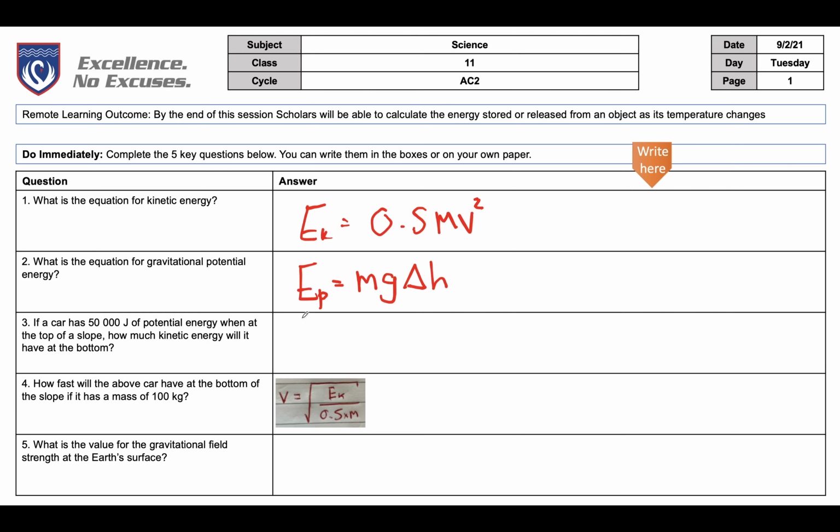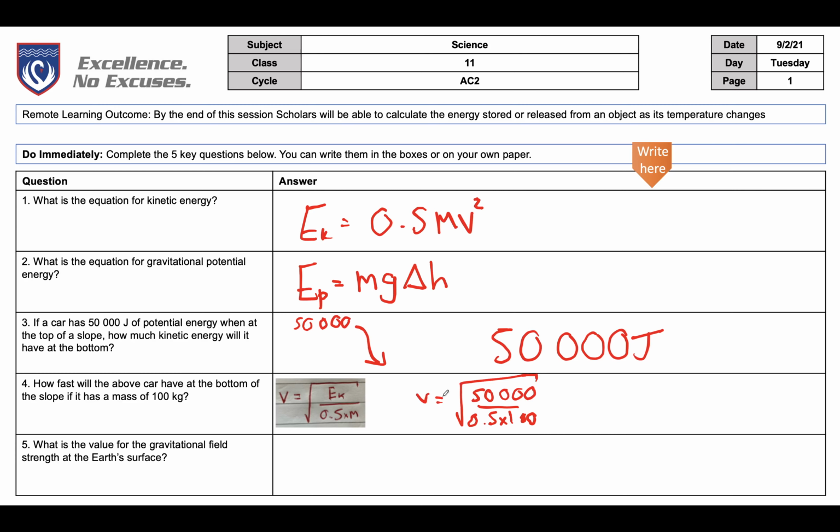So if you have 50,000 at the top, all that potential energy will be converted into kinetic energy, so you're going to have 50,000 joules of kinetic at the bottom. How fast will it be travelling? Well, we have to use this equation, so we do 50,000 divided by 0.5 times the mass, and that's all square rooted.